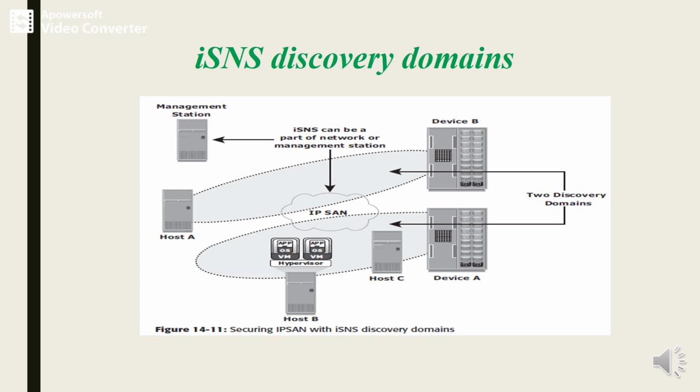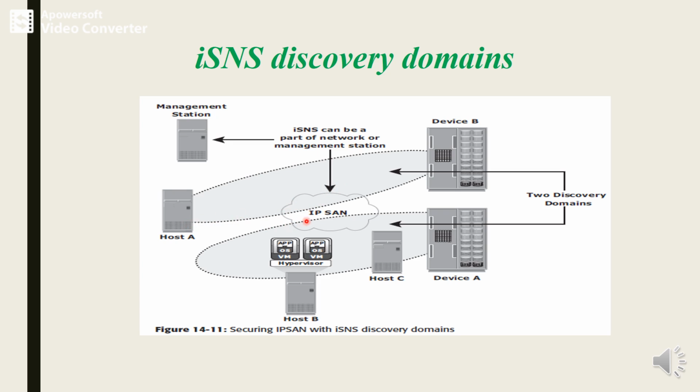iSNS discovery domains work the same as FC zones; the functionality is the same as FC zones. You can observe that we have one discovery domain over here and another discovery domain over here. The discovery domains provide functional grouping of devices in an IP/SAN.